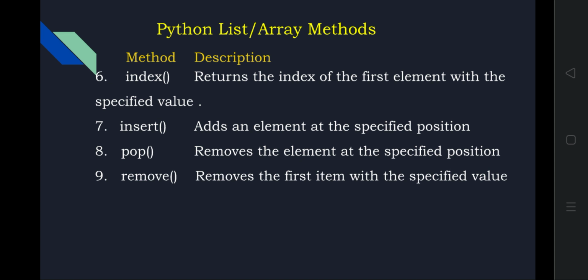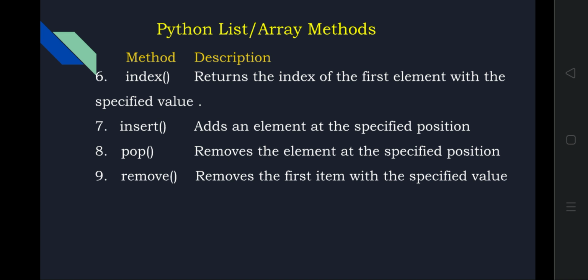Remove removes the first item with the specified value. Now, pop helps to remove based on the position, whereas remove helps to remove the element based upon the value. So they are different in the sense that pop uses the position and remove uses the value of the element.